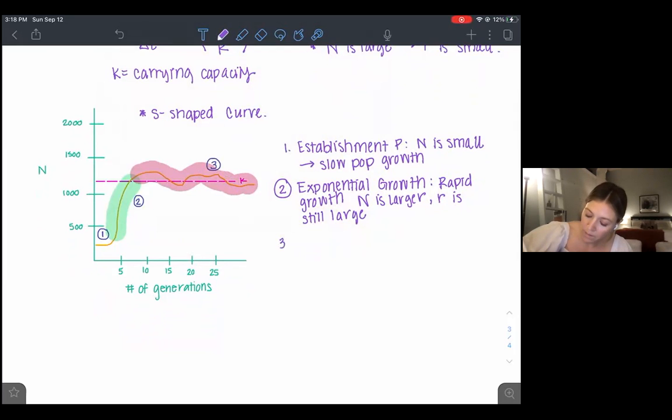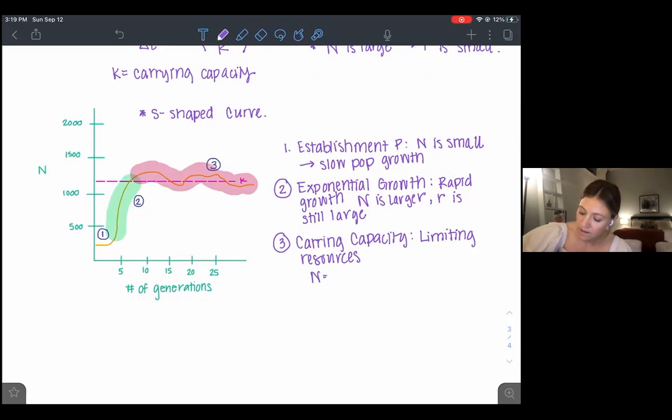Okay. And then that very last portion of our graph, if we're looking right over here, is going to be where our population is nearing almost zero growth as we reach that carrying capacity. So we can see that spot on the graph where our population's hovering around that. We labeled it K on our graph. Okay. That's our carrying capacity. That's where those limiting resources are starting to affect our overall rate of increase. Okay.